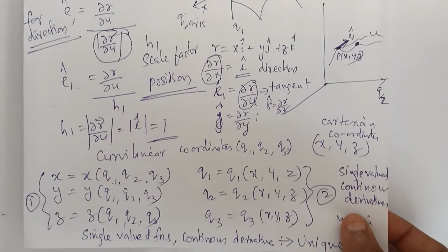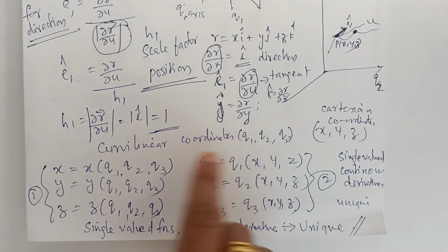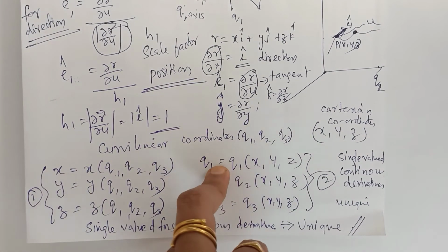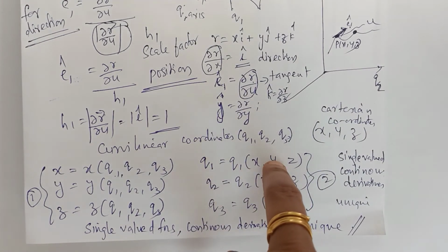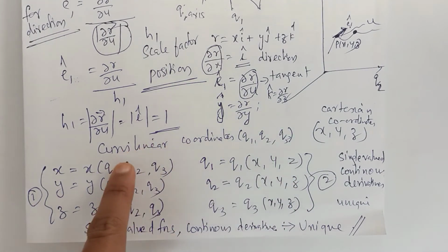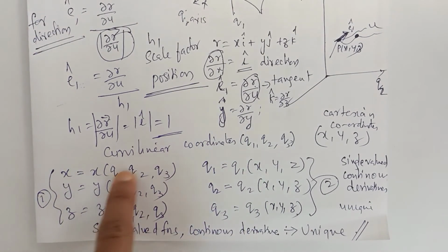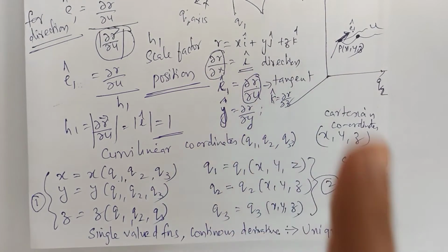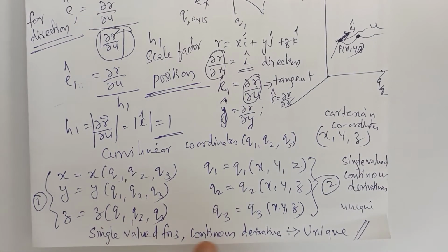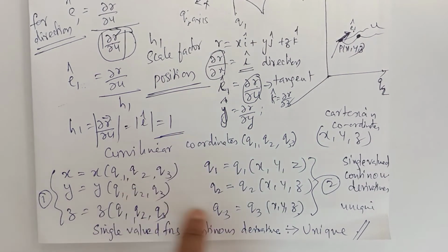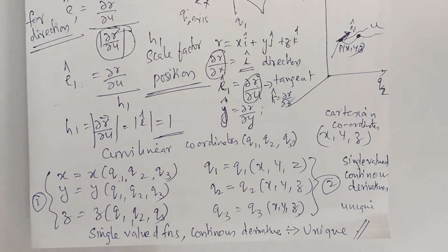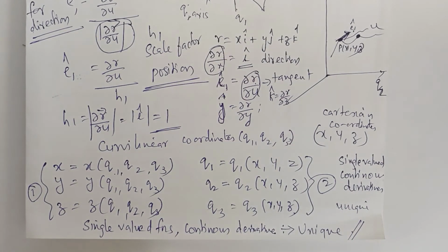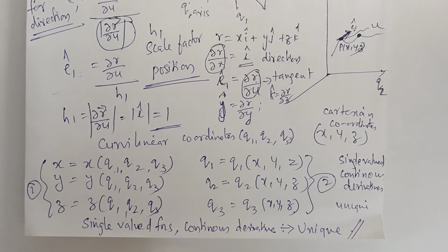We have expressed Cartesian coordinates as functions of curvilinear coordinates, and also curvilinear coordinates as functions of Cartesian coordinates. If the functions in equation 1 and equation 2 are single valued and have continuous derivatives, that means they are unique in nature, and then we can call such coordinates or such relations curvilinear coordinates.